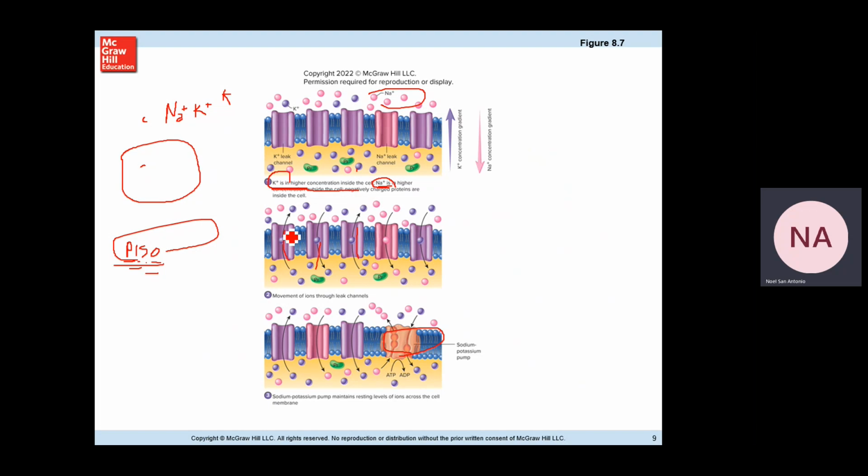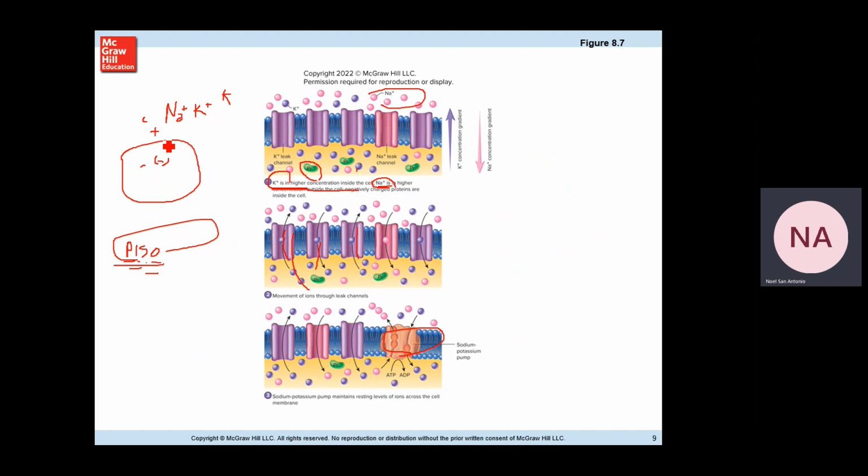Ang resulta, pag lumabas ang potassium, ang maiiwan sa loob ay mga negative proteins, resulting in the resting membrane potential of the nerve cell that is negative inside and more positive outside.